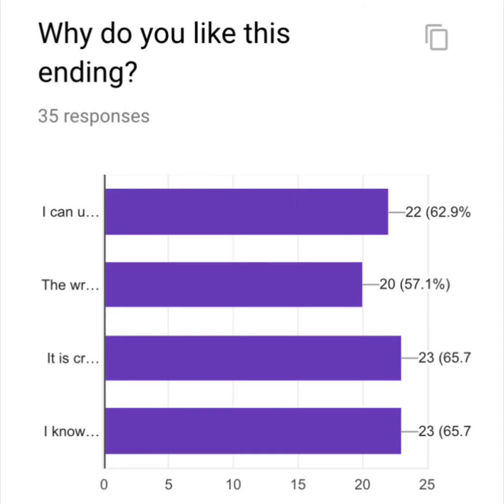As you see, most of them chose all four criteria. They understand that these are the components that make up a good creative ending of a story.